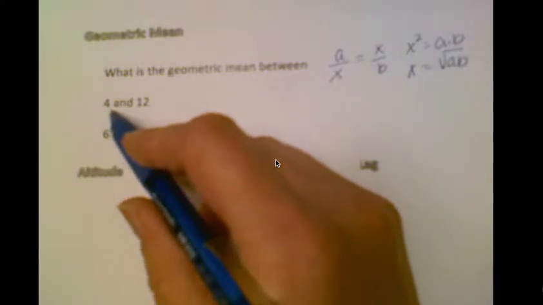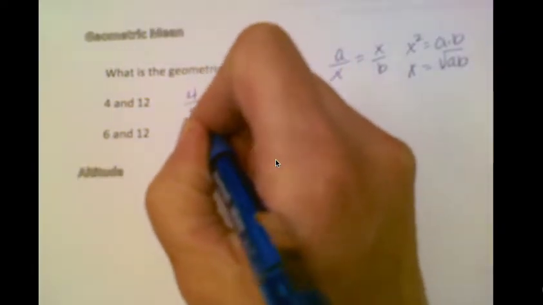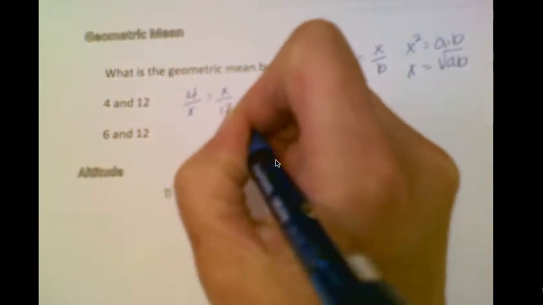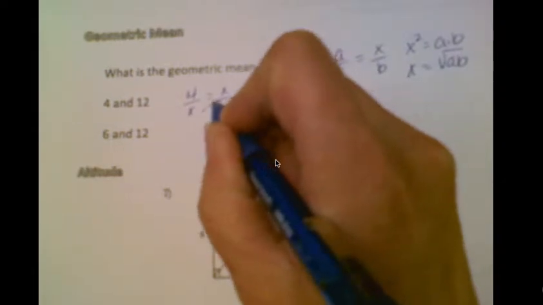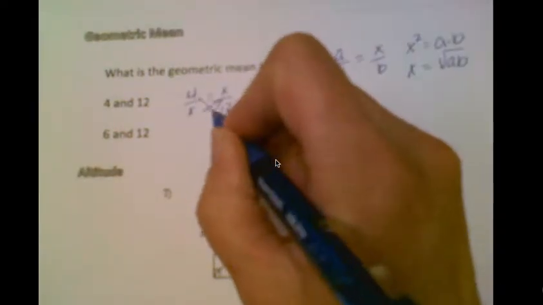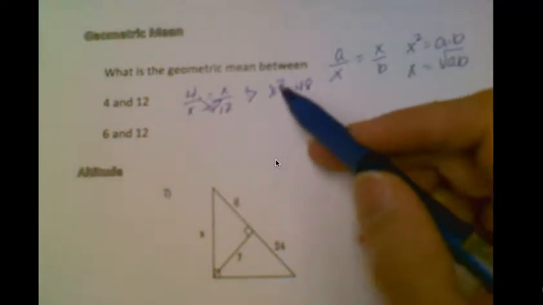So let's do an example. The geometric mean between 4 and 12. So it'll be 4 over x equals x over 12. And that's going to give me x squared, as I multiply that diagonal, is equal to 48. And then now I need to take the square root of both sides.